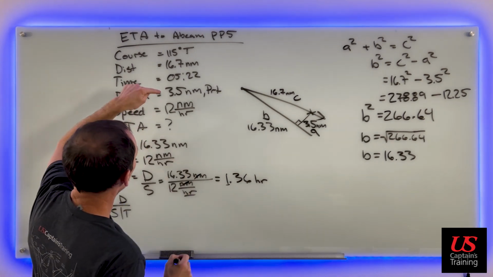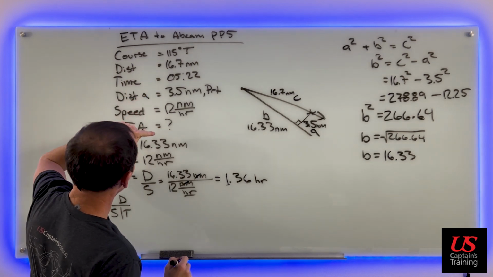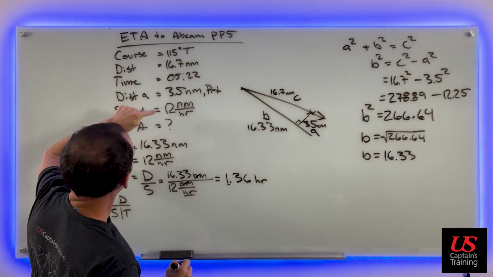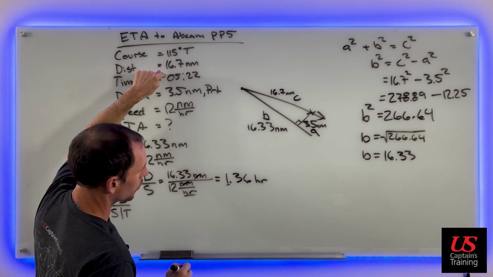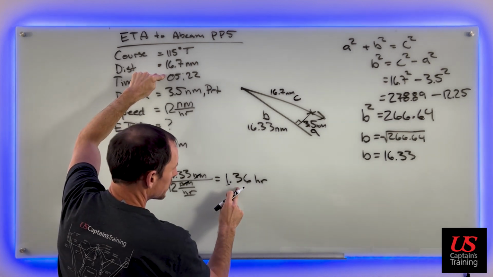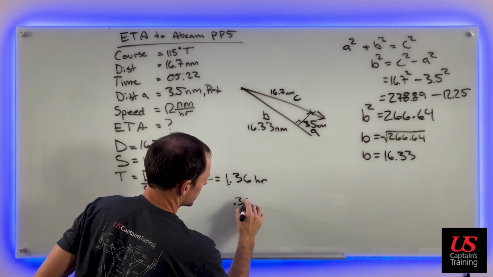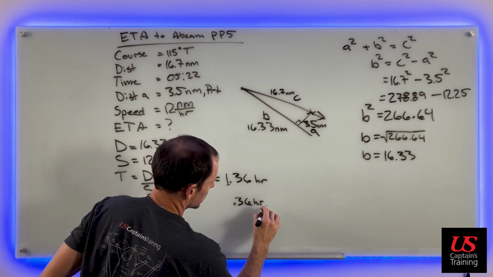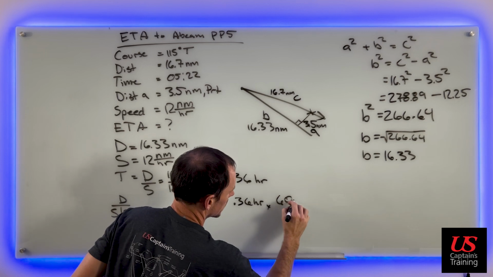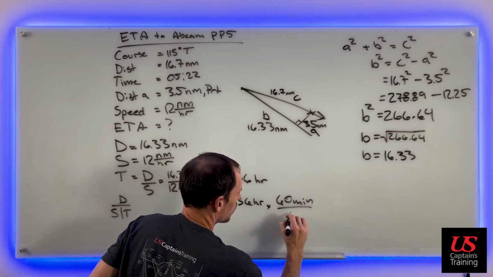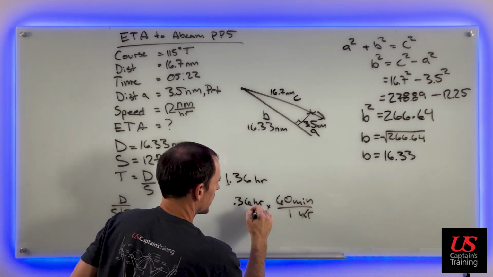So this 1 is fine. We can add that 1 to our time. But this 0.36, we need to take that 0.36 hours and make it into minutes. 60 minutes over 1 hour. So cancel off hours.